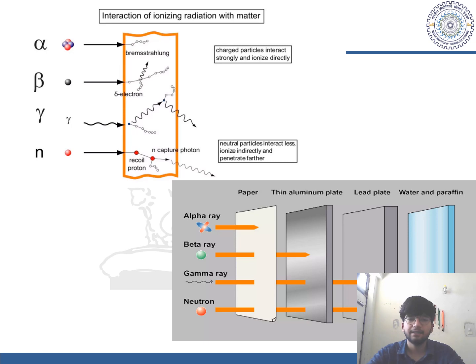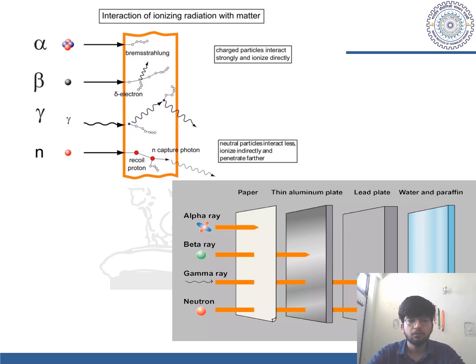Direct ionization occurs when ionizing radiation such as high energy photons or charged particles, alpha, beta, gamma, directly collide with atoms or molecules in a material and transfer enough energy to ionize them. This process can result in the formation of both positive ions and negative ions in the material.